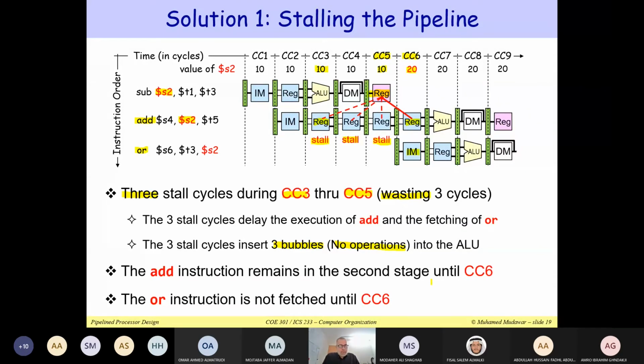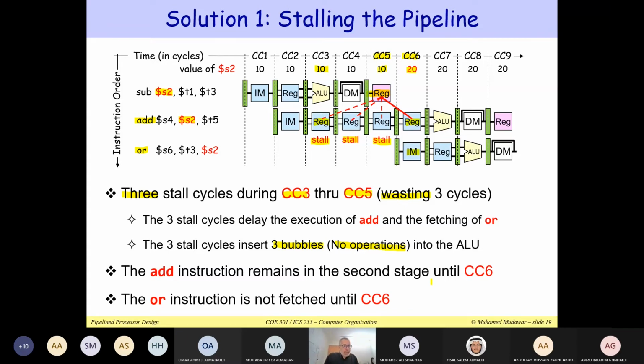This will definitely complicate the implementation of the pipeline, and it's going to reduce performance. Can we do better than solution number 1? Can we have solution number 2? Can we do it without stalling the pipeline?